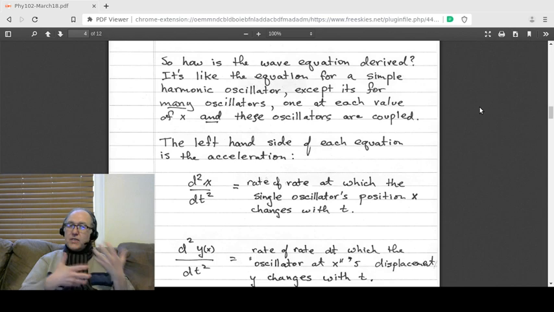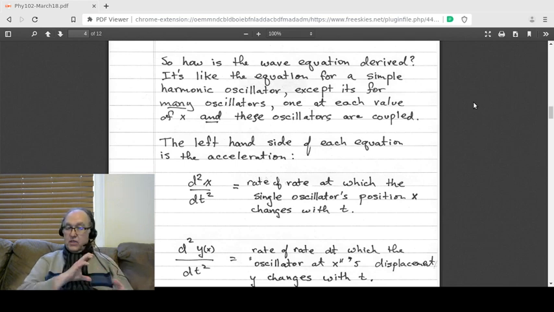So how does this wave equation get derived? Without going into details, how do you derive it? Well, you can start off by looking at the left-hand side of both the harmonic oscillator equation and the wave equation. The left-hand side of the oscillator equation, the first equation we looked at that came out of Hooke's law, was d2x by dt squared, where x is the displacement.